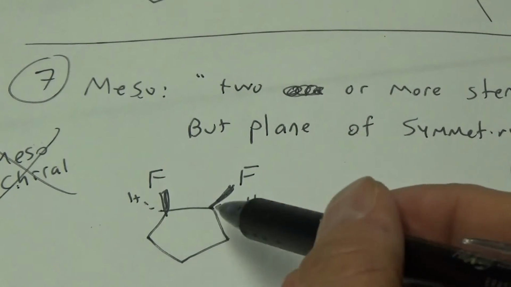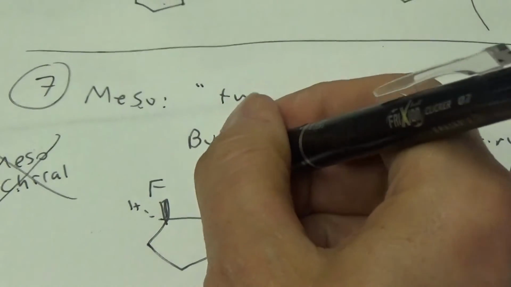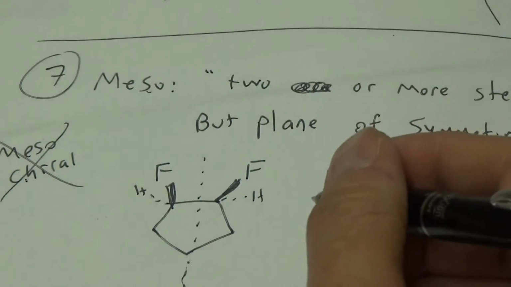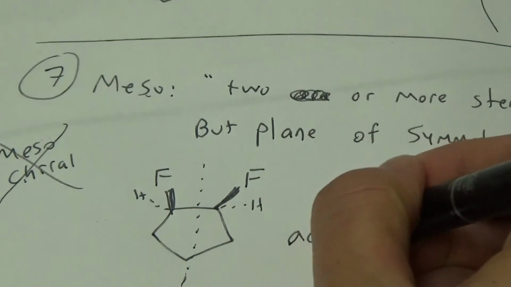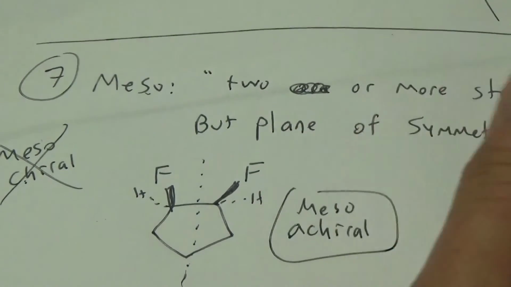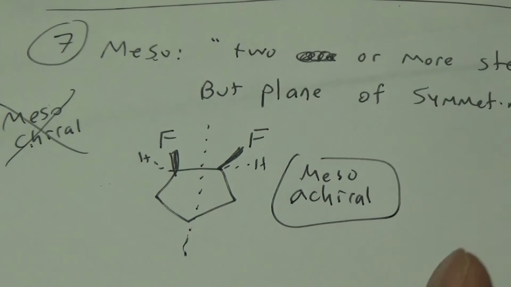That's a chiral center. That's a chiral center. But you have this internal plane of symmetry, so the left mirrors the right. This is an achiral meso molecule. Alright, well, let's do another one.